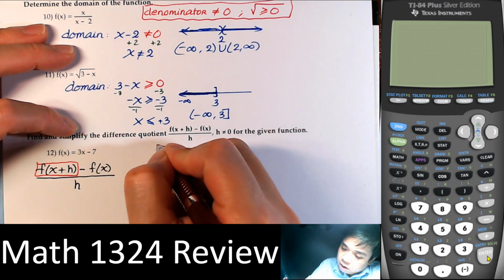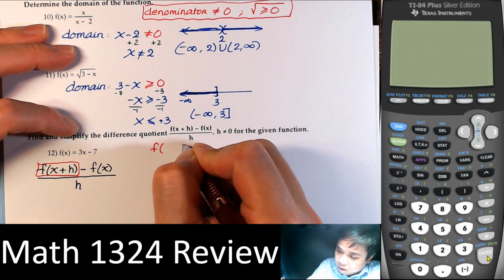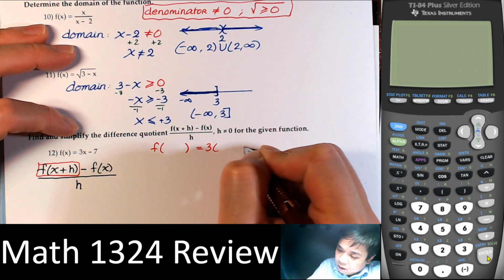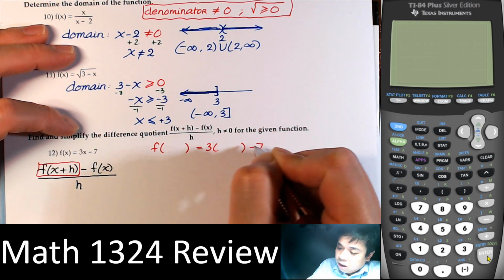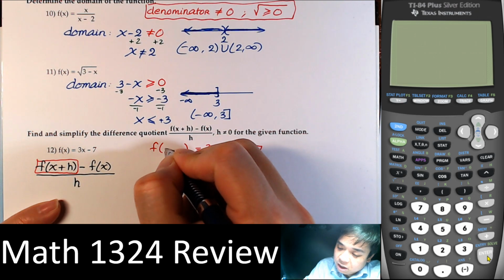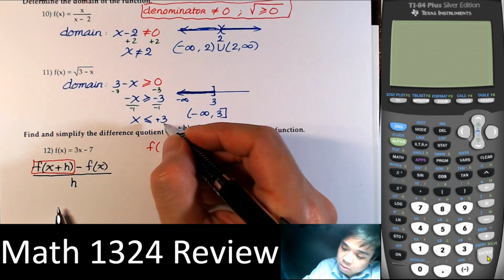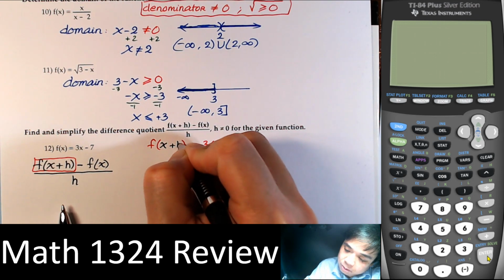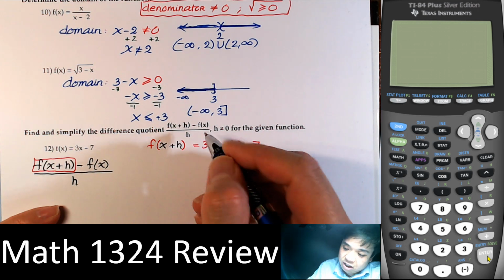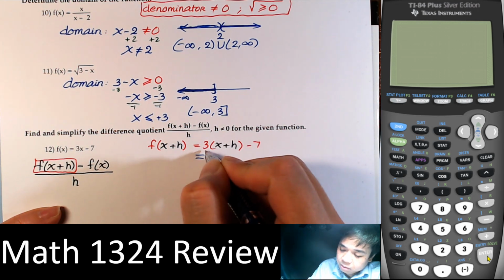This is the function, so we write it with the function equal to 3. It doesn't matter what we label in the parentheses. We replace all the x by the parentheses, and now we put whatever we want inside the parentheses. If we decide to put x plus h, we have to do that on both the x's, both the parentheses.